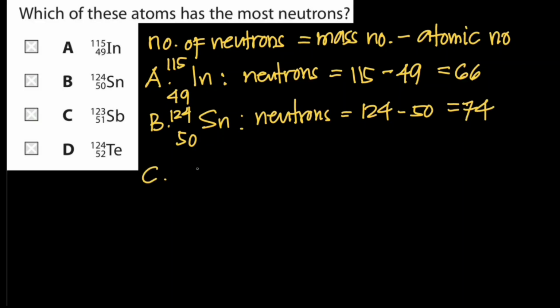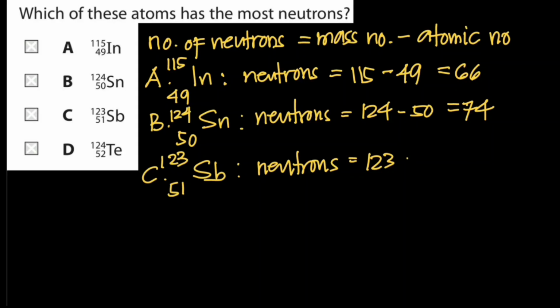And then for letter C, we have antimony with atomic number 51 and mass number 123. So the number of neutrons is just equal to 123 minus 51, which is equal to 72. And for letter D, we have tellurium with atomic number 52 and mass number 124.